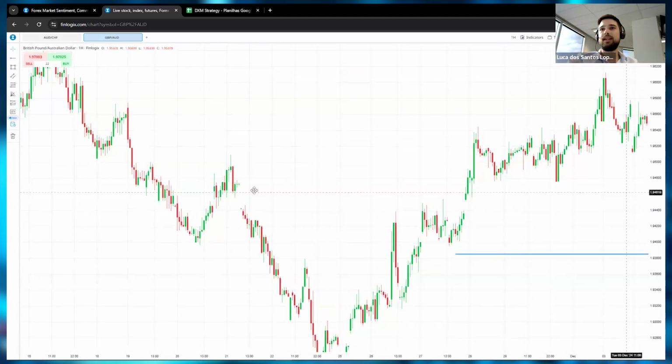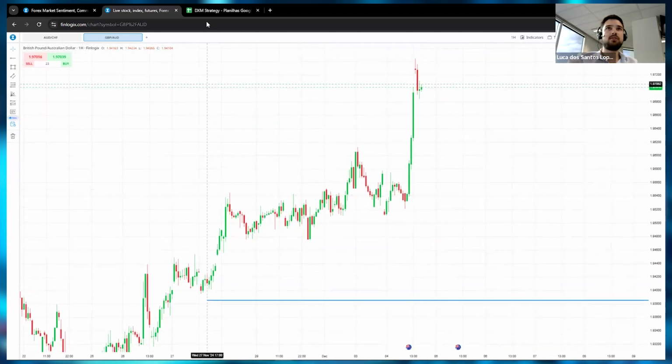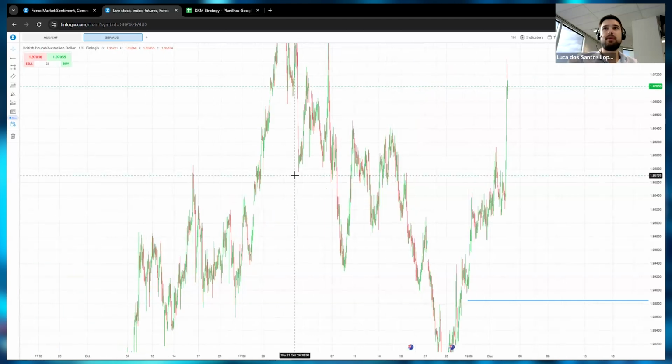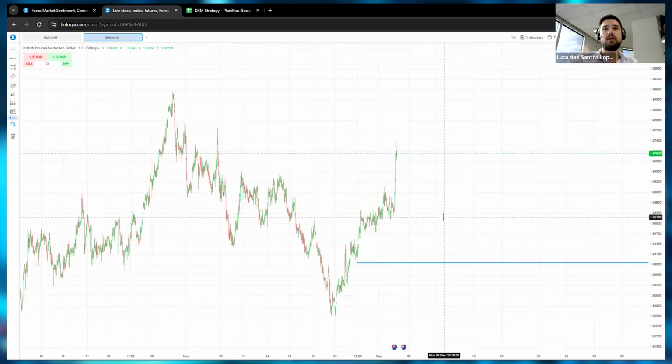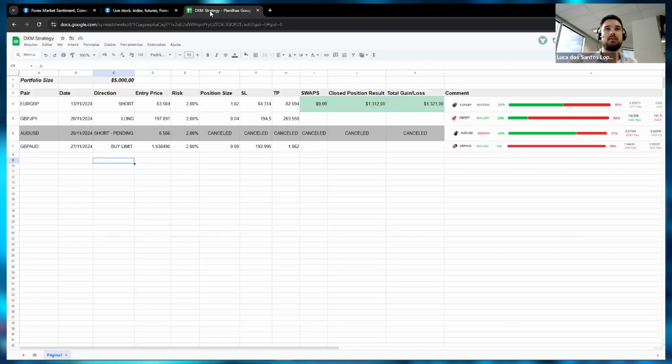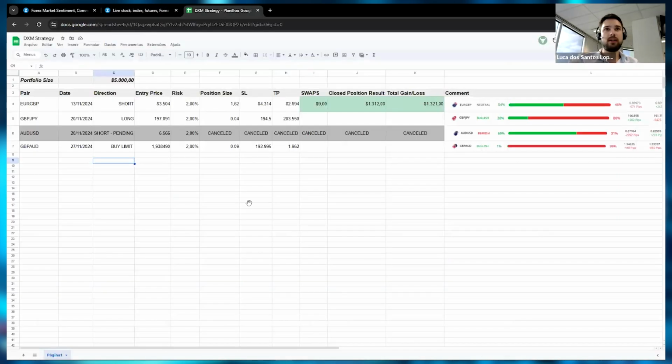Look at that, we nearly got triggered. Okay, interesting, we would have hit TP really, really well. Wow. Unfortunately, this trade did not get hit, so we didn't get filled on this order. Otherwise, we would be on really, really good profit, but unfortunately, we didn't get hit on this order.